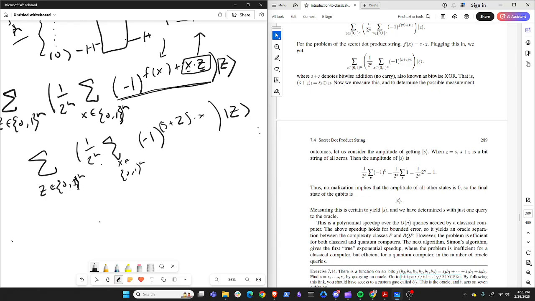So similar to Deutsch-Jozsa, this uses a similar trick with measurement.